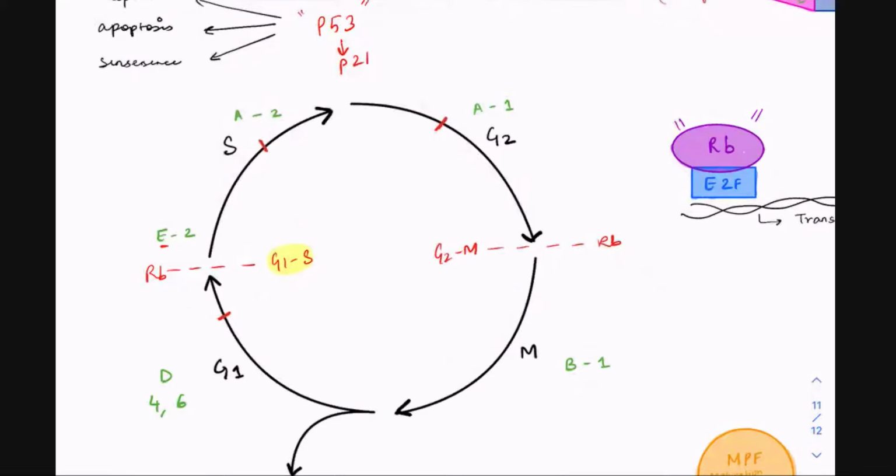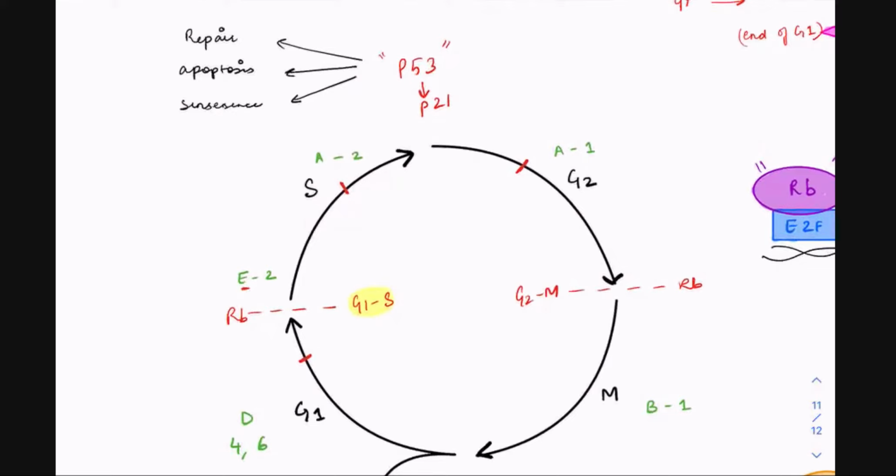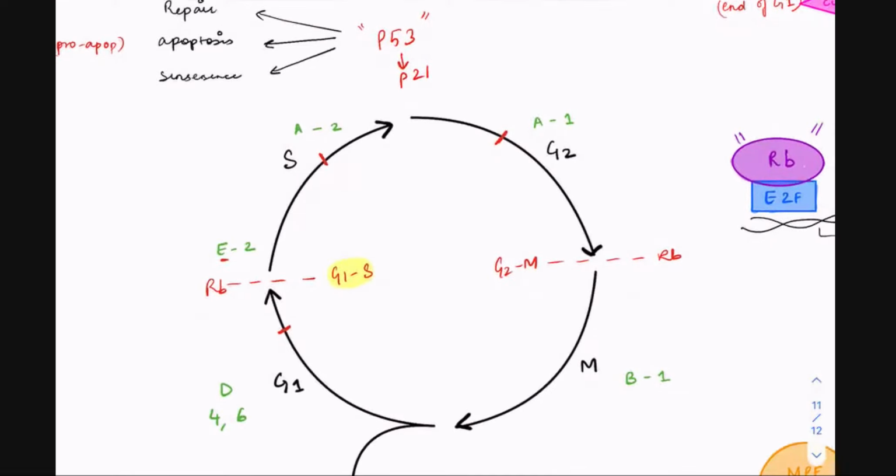Okay, so P53 by turning on P21 can cause cell cycle arrest in any one of these phases. P53 can also turn on our pro-apoptosis genes if it wants to induce apoptosis. Okay, so let's look at RB and P53 in a little bit more detail.